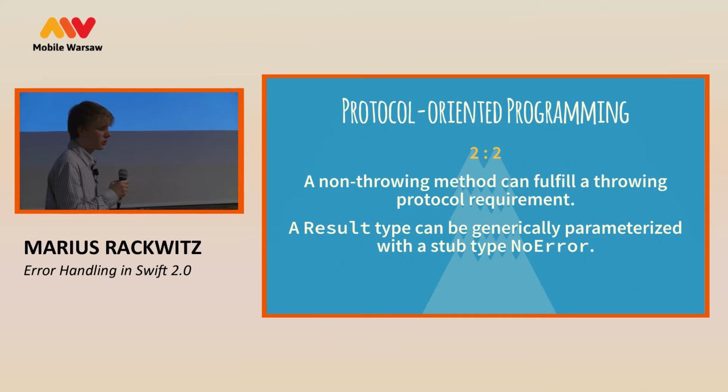And we have seen before that a non-throwing method can fulfill a throwing method protocol requirement. So I would say there is some point for the built-in error handling approach.